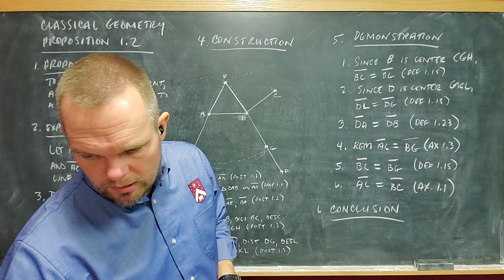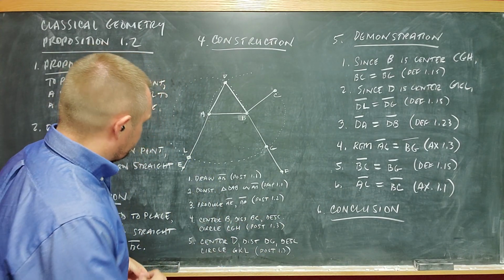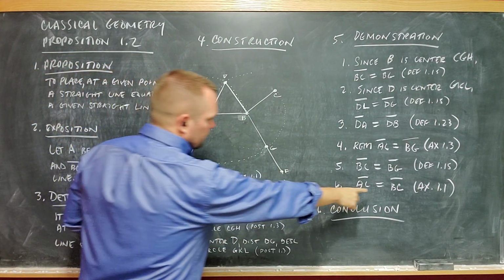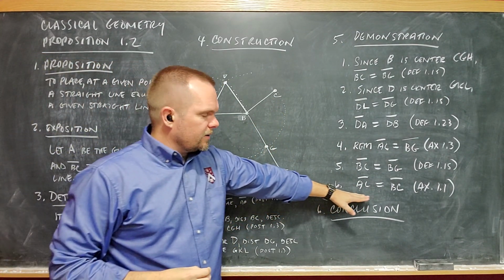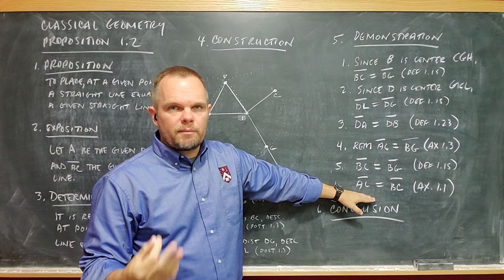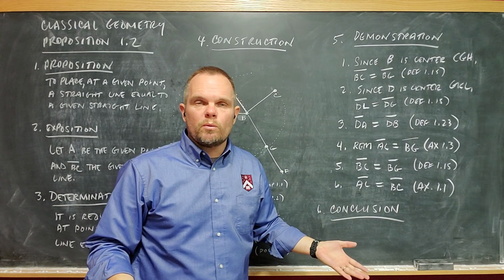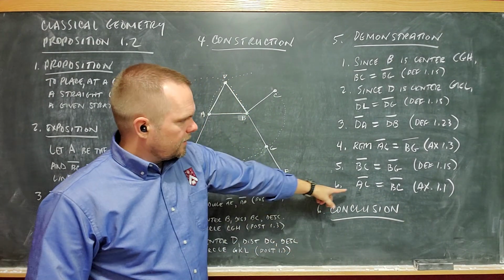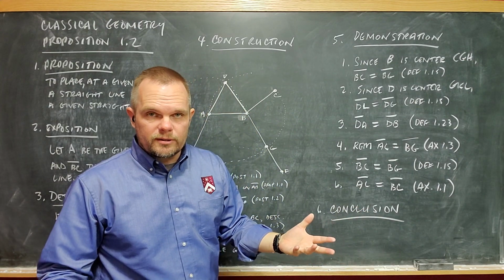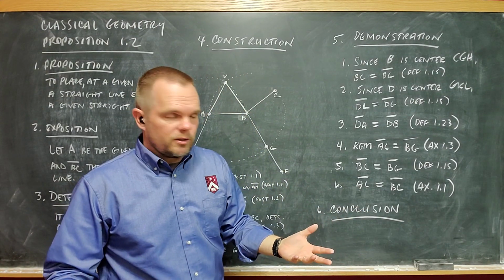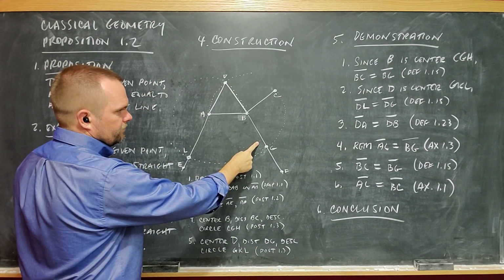AL equals BC. Well, what is the same thing that AL and BC are both equal to? This tells us that AL and BC must both be equal to the same thing, and therefore they're equal to each other. What they're both equal to is BG.